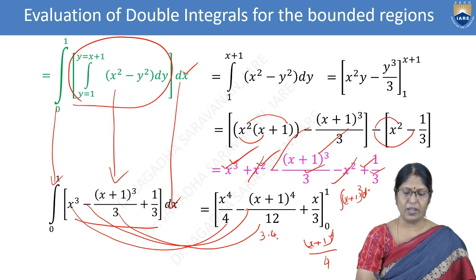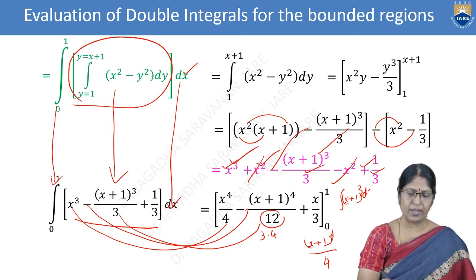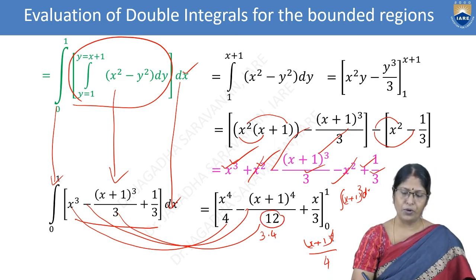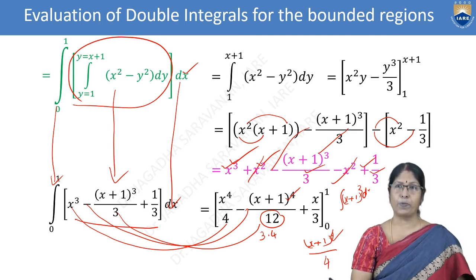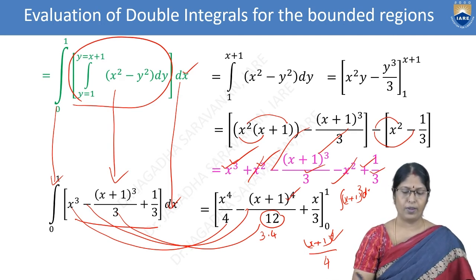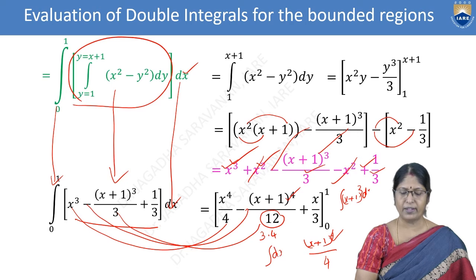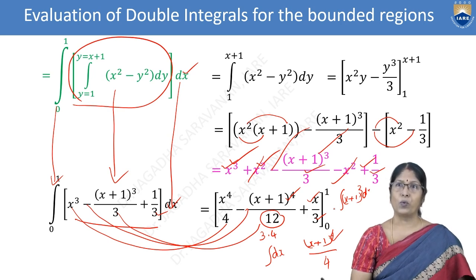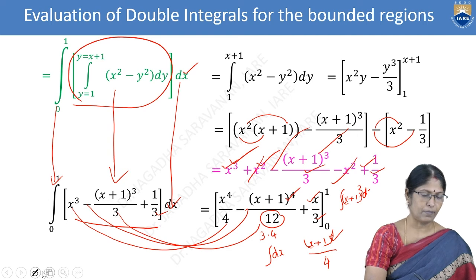Already 3 is there, so 3 into 4 is 12. That's what is written here: 12 in the denominator and (x plus 1) the whole power 4 in the numerator. The integral of dx is nothing but x. Here x, and this 3 is written as it is. So we completed the integration with respect to x.